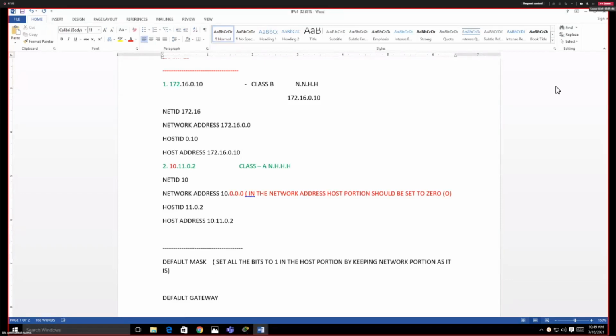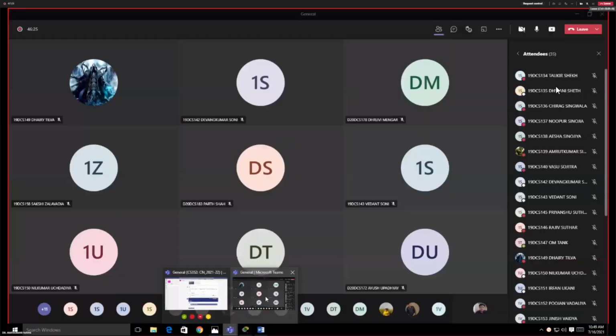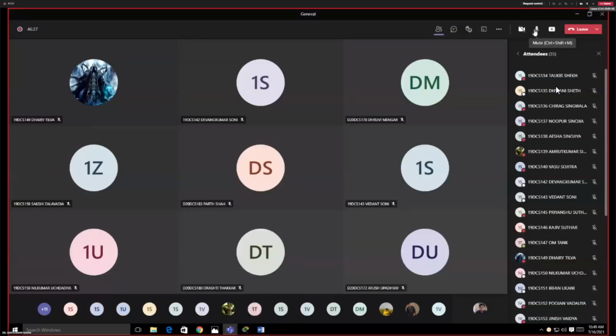In this particular case, if you want to identify the default mask, then for the default mask, just a minute. Now please follow the rule and tell me the default mask value. Tell me the default mask value for example 1 and example 2.